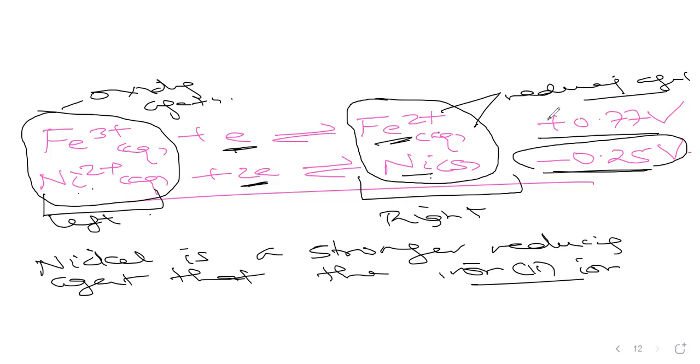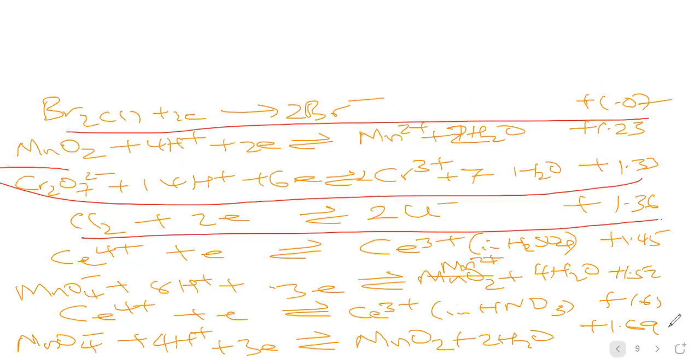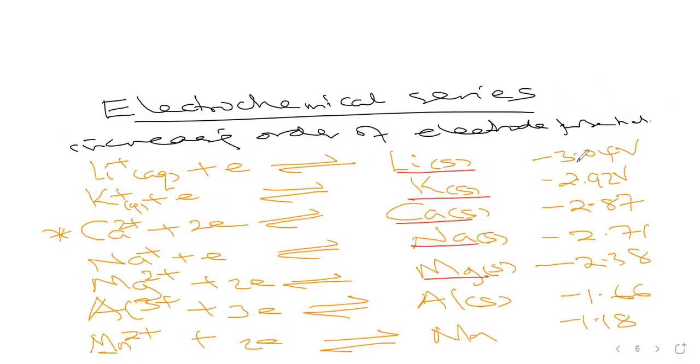Now that implies that if we are looking at the electrode potentials to tell us the element with a more negative electrode potential or the most negative electrode potential is the strongest reducing agent. And when you go back to the electrochemical series, we see that that is lithium. Its value is most negative. That implies that lithium is the strongest reducing agent.